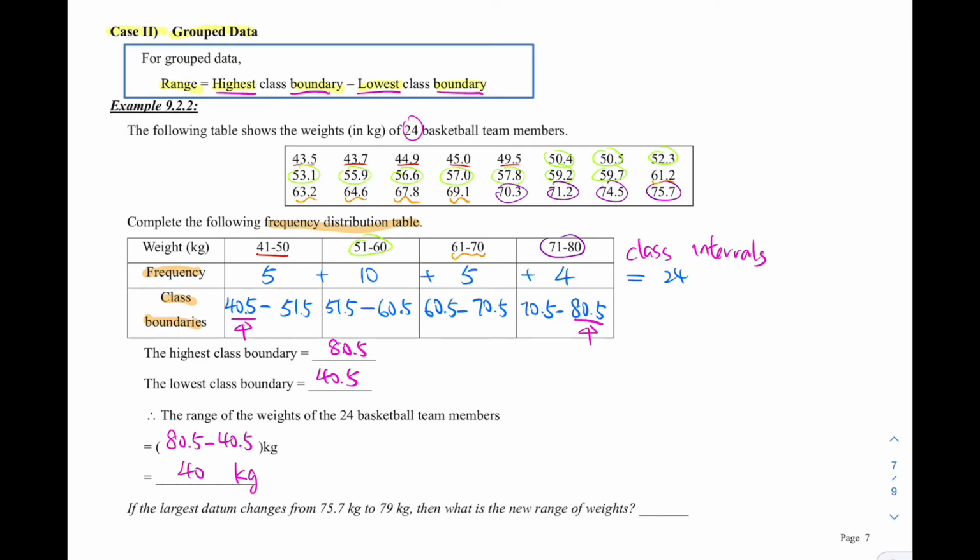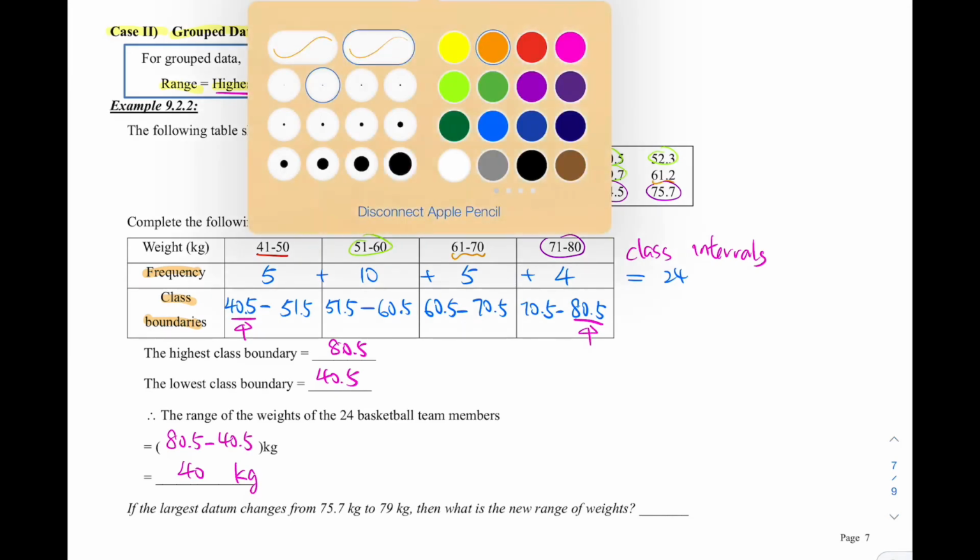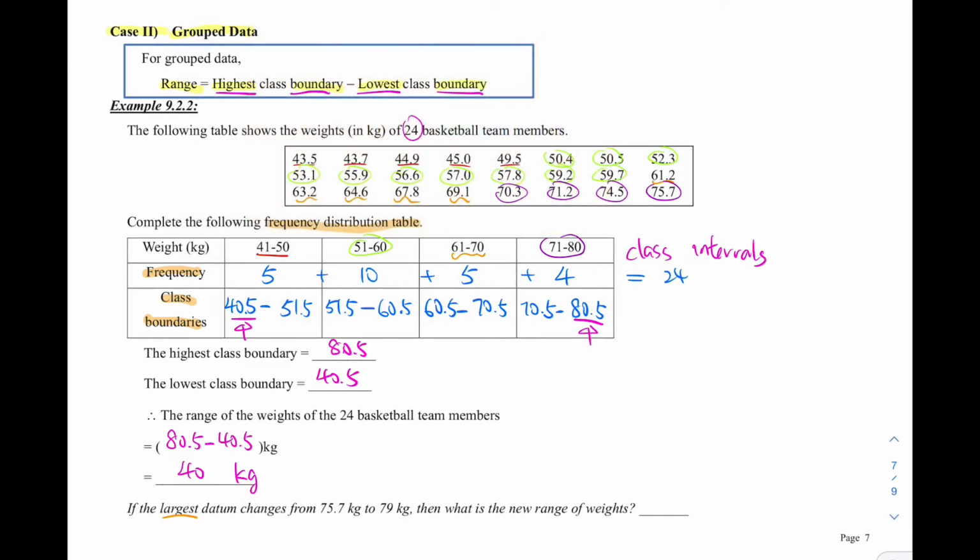Now, I ask you one question. If the largest datum changes from 75.7 kg, this one, to 79 kg, how will the range of the weight change? What is the new range? I give you 3 seconds to think. 3, 2, 1.